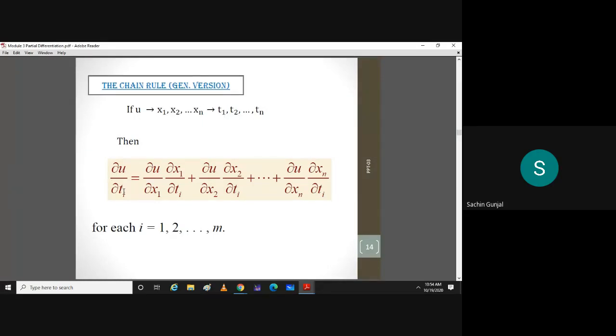So ∂u/∂ti is u with respect to x1, then x1 with respect to that ti, plus u with respect to x2, then x2 with respect to ti, and so on, up to u with respect to xn, and then xn with respect to that particular variable ti. I hope this is clear. This is the more general form.